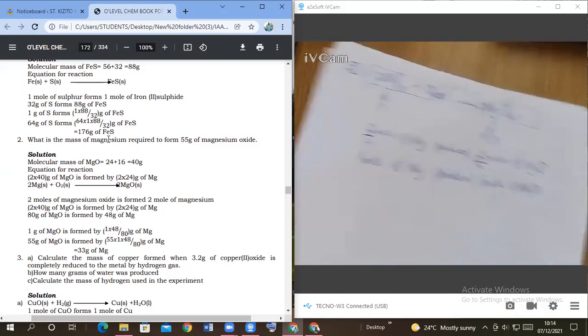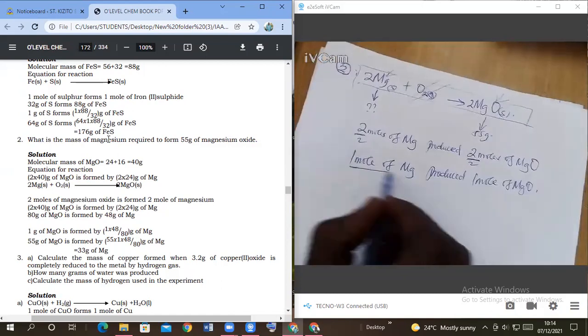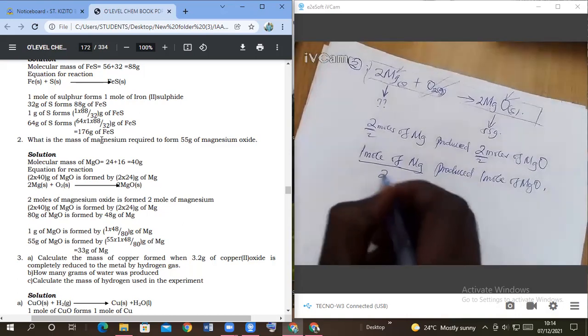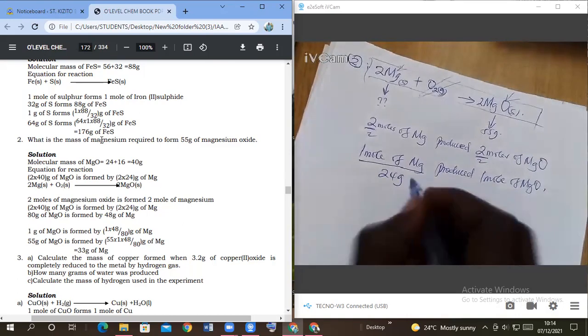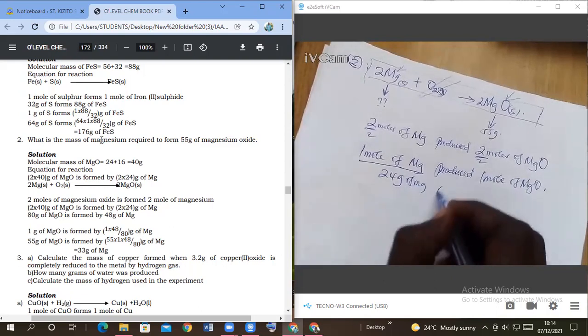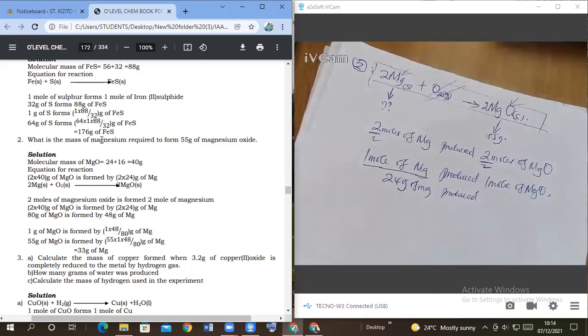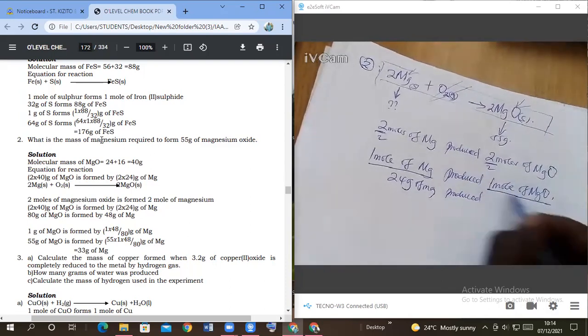That's what we have. Now, 1 mole of magnesium in the table has how many grams? 24 grams, correct. 24 grams of magnesium produced 1 mole of magnesium oxide.